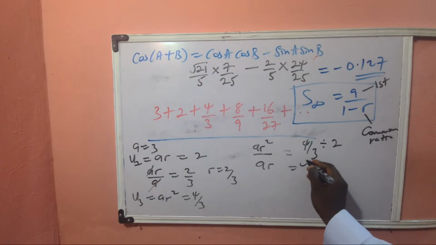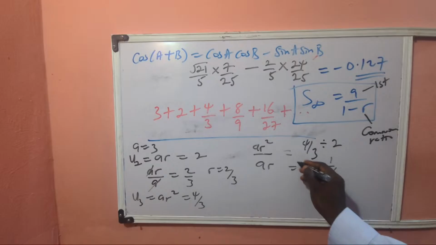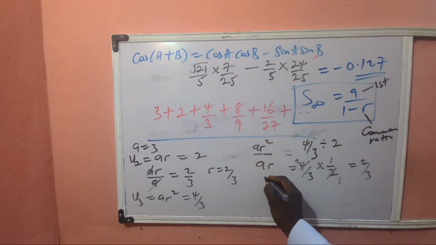That will be 4 over 3 times 1 over 2. That gives me 2 over 3. So of course, I've been able to find my common ratio now, because when you divided this, it was R. So my R here is 2 over 3.